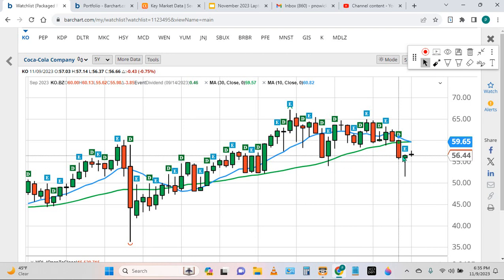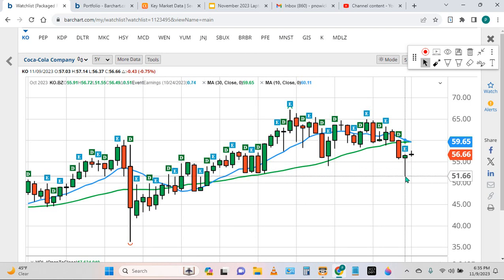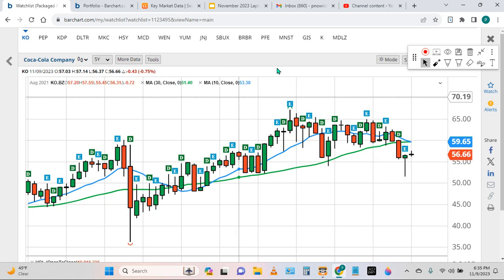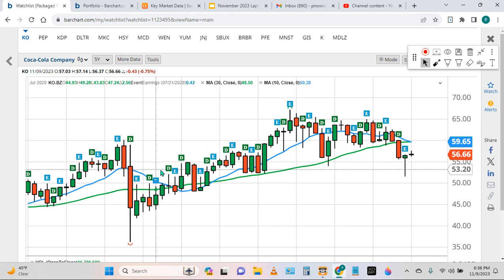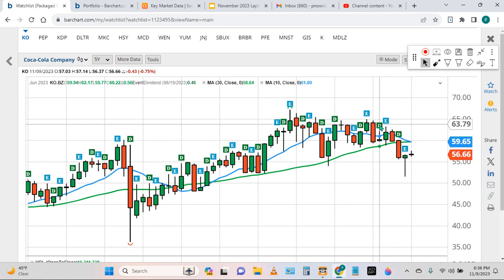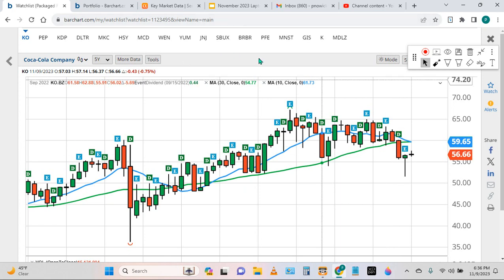When you see that, it indicates that at one time this was a red bar, and now it's a green bar. It leaves that tail, which signals buying. Just like a topping tail on a bar like this indicates selling. This big red bar, these topping tails indicate selling. It did make a new low, so I would say not necessarily just yet. But Coke, if you're looking for some value, is a possible idea.